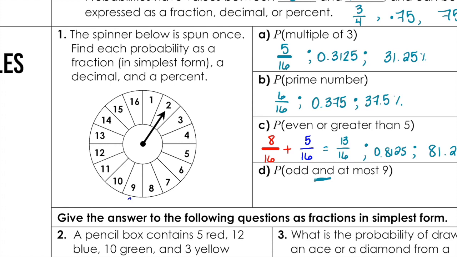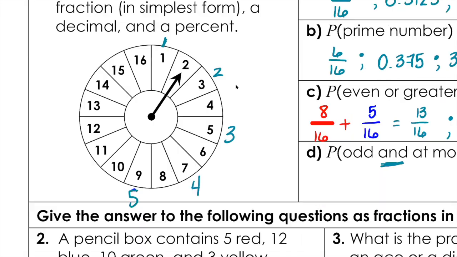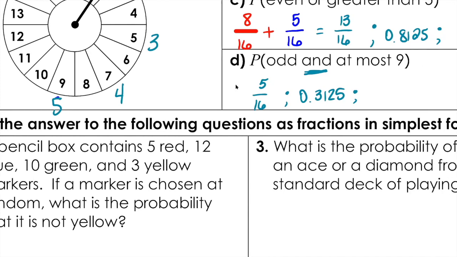So it needs to be odd and at most 9. So we need an odd number that is at most 9. Well, 1 satisfies that, 3, 5, 7, and then at most means it can be 9. So we've got a fraction, 5 out of 16, 0.3125, and 31.25%.